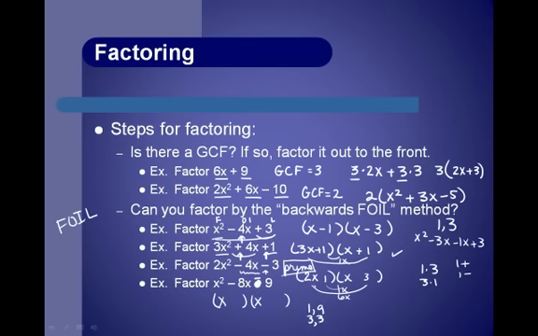Because it's a negative 9, we know there's one positive and one negative. So let's just pick one. Well, if we do 1 and 9, outer 2 would give us 9x, inner 2 gives us 1x. 9x and 1x, we're trying to get negative 8x. So if that's a negative 9 and a positive 1, then we can get to factored form.